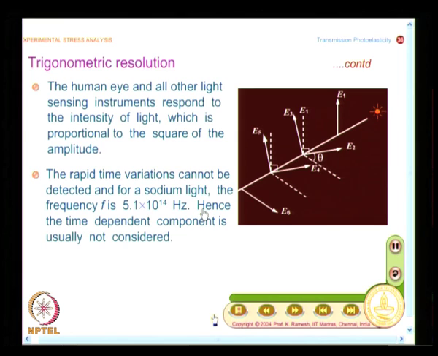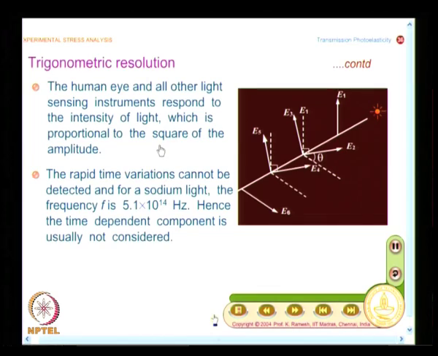So, you do not perceive the time dependent component, and you are sensitive only to the intensity of light transmitted, and the intensity of light transmitted is the square of the amplitude. So, we have got the E6 expression and we will square the amplitude and find out what that expression gives.